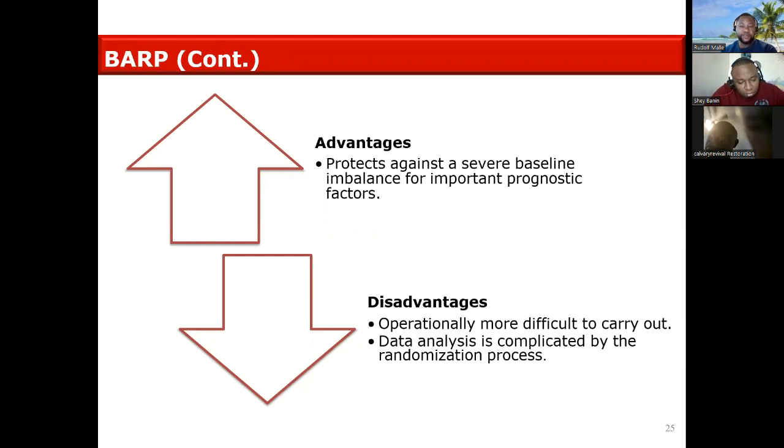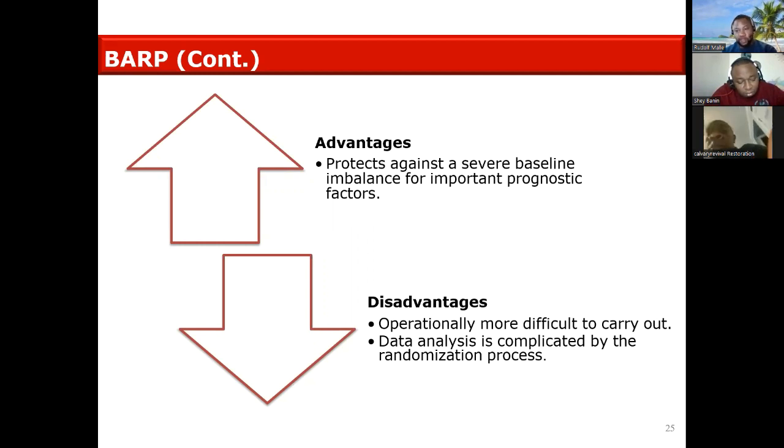Some get screen failures and some get moved into different disease groups, maybe because of their disease severity or their ages. But at the end of the day, it protects against severe imbalance that may occur, because, since it's an adaptive process, it will easily adapt to any sequence the study turns into.